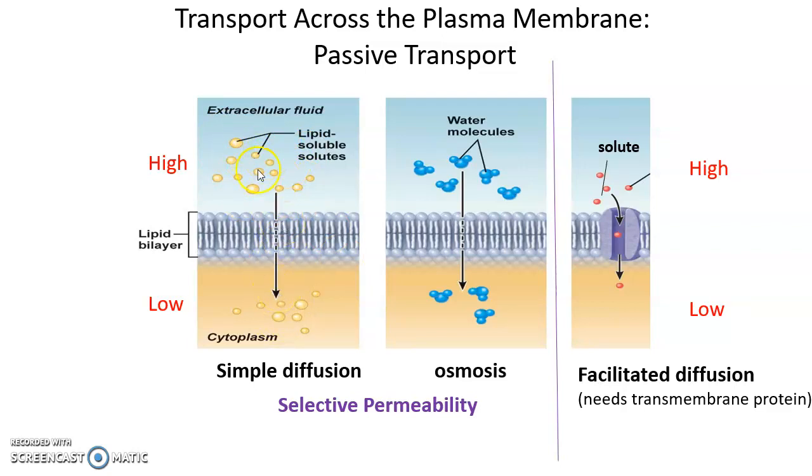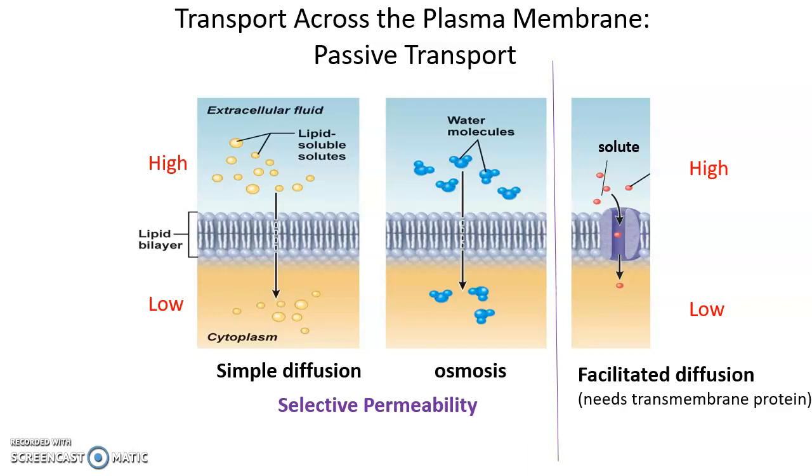So simple diffusion, lipid-soluble solutes, nice and small, can cross the plasma membrane going from high concentration to low. Water molecules do the exact same thing, going from high concentration to low, and that process is called osmosis. So osmosis is the simple diffusion of water molecules.